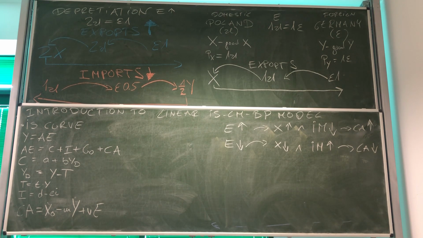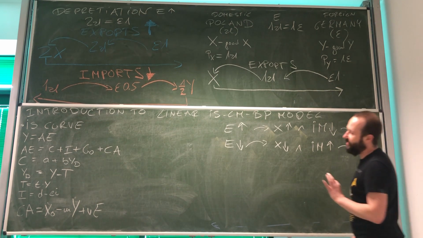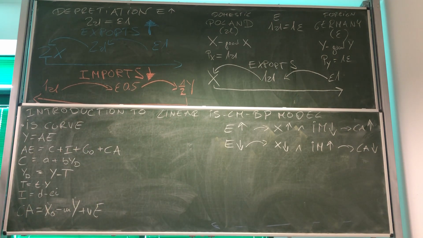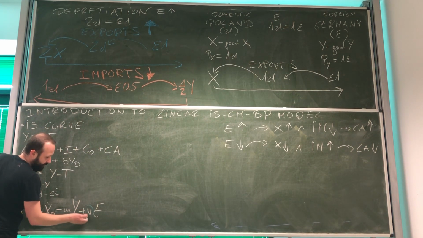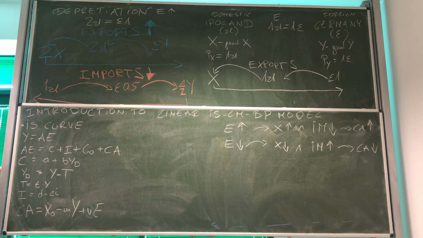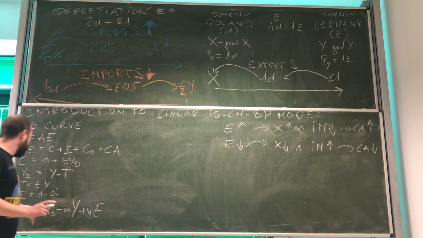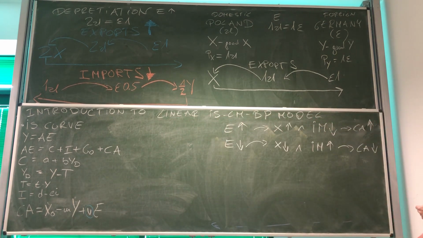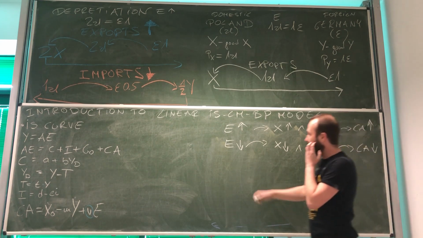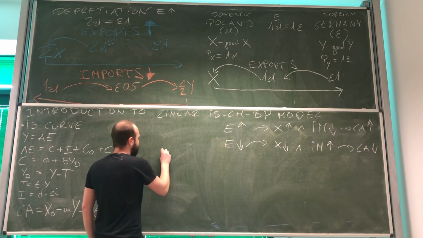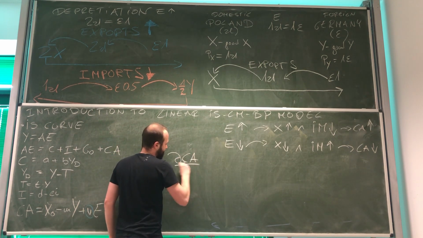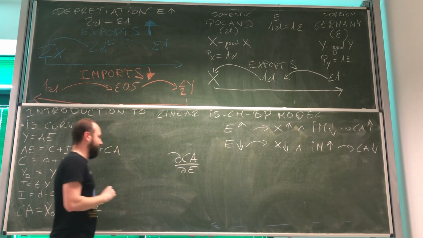Okay, and look, the only parameter in this model we haven't thus far established is V. Right? V is actually telling us what is happening to the current account when the exchange rate is changing. So, in other words, we can describe it using the partial derivative of CA with respect to E, right?